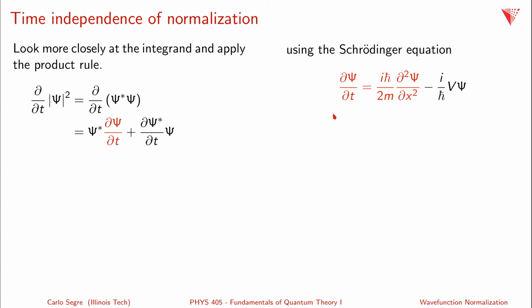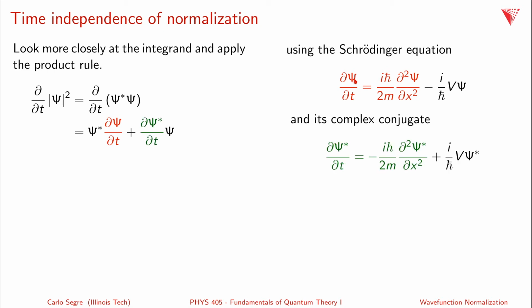And now, if we look at the Schrodinger equation, we realize that this part here, the partial of psi with respect to t, is simply what's on the left side, here in red.